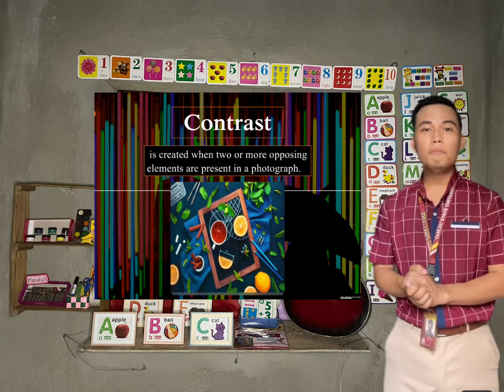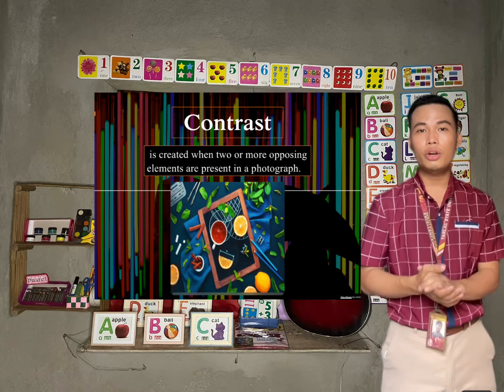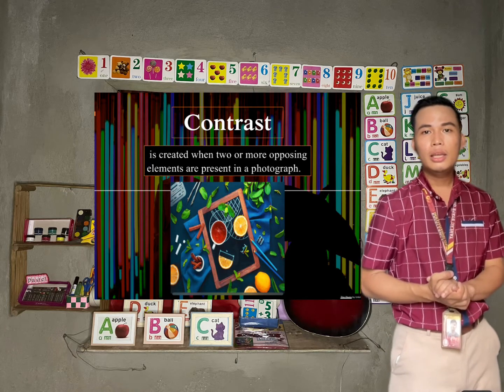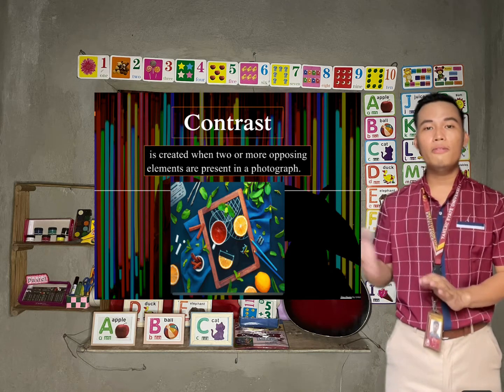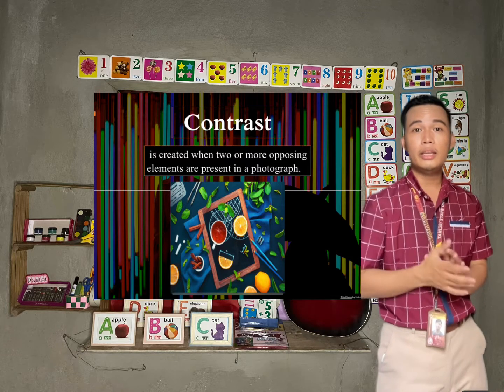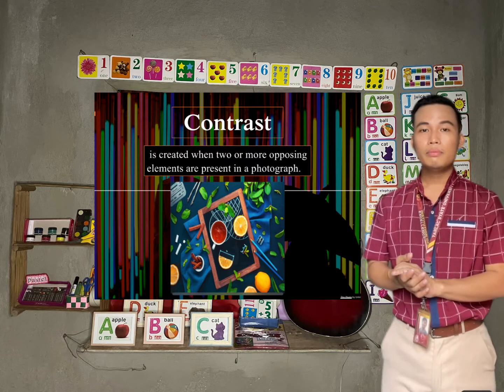Color in photography is a powerful tool to create mood and grab the viewer's attention. If we take a look at this one, every element can grab our attention because they contrast.